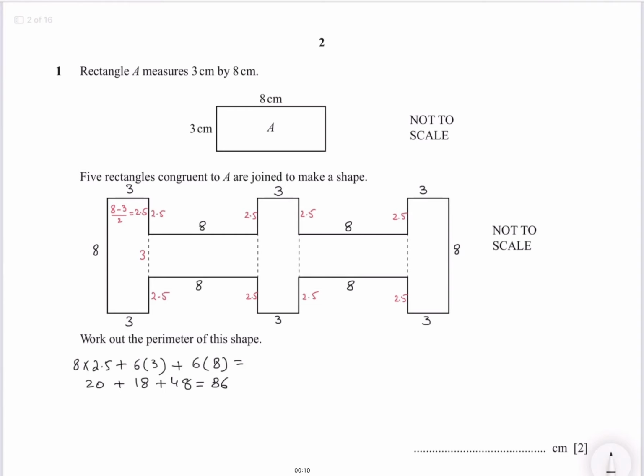Now solve this and add them, you will get the perimeter of this shape. This is 86 centimeters.